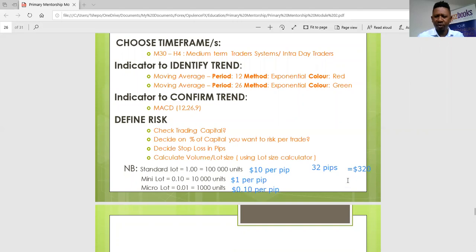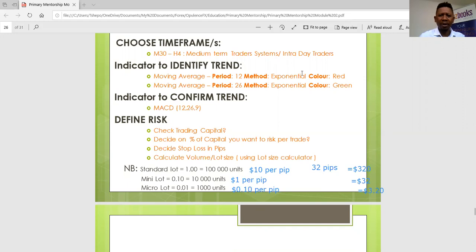The person trading at 0.10 is going to be making or losing $32. And the one trading 0.01 is going to be making $3.20. Yes, $3.20, I think that's how it goes.